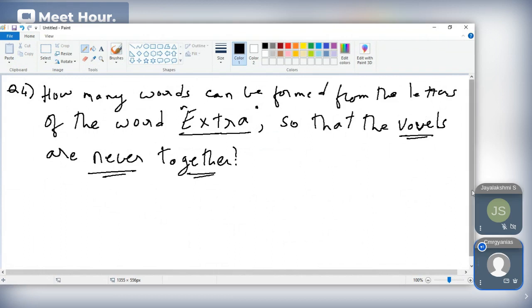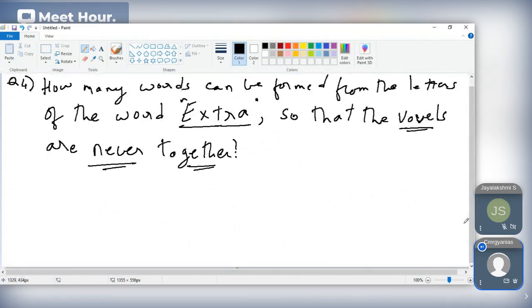Done. Shall I explain? This is again simple here. See, there is this word EXTRA.